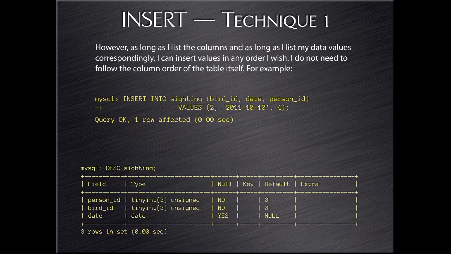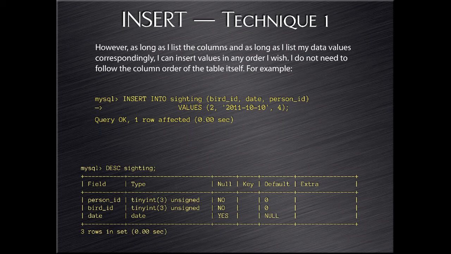Now, the cool thing about that is that as long as I pair up the columns with the proper data values, I don't need to list them in order as they appear in the table. So here, for example, I have insert into citing bird and date and person. Now that's not the order they occur in the table.